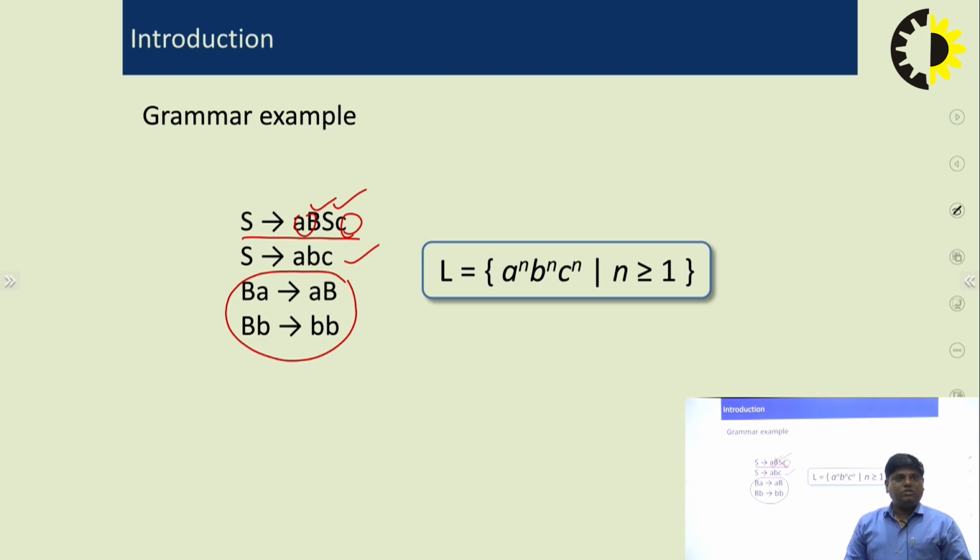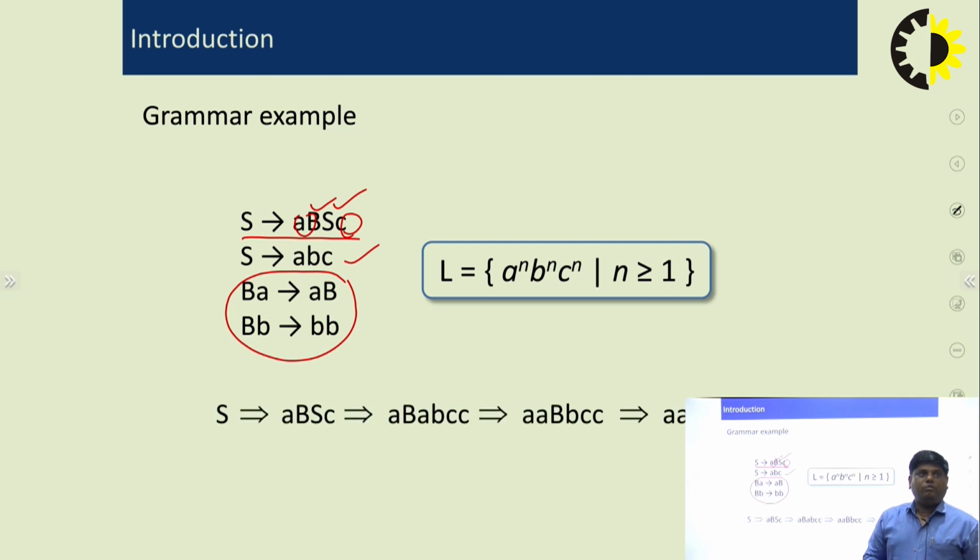This type of grammar is known as context-sensitive grammar, or recursively enumerable grammar. We will discuss this concept in the next lecture.